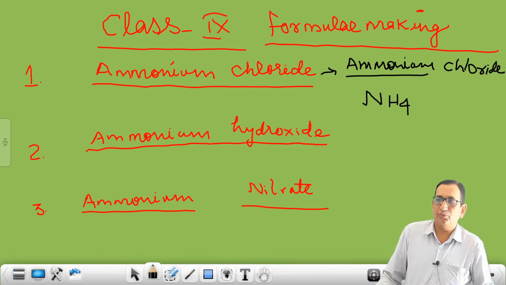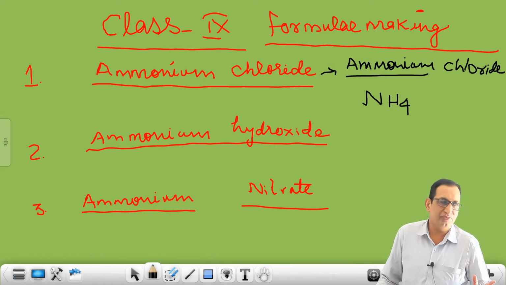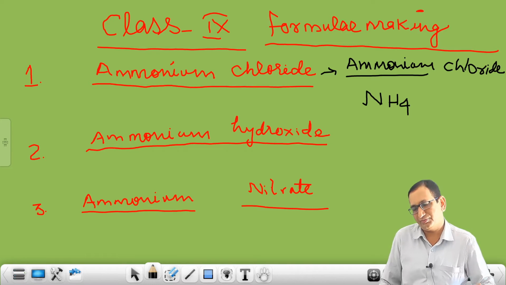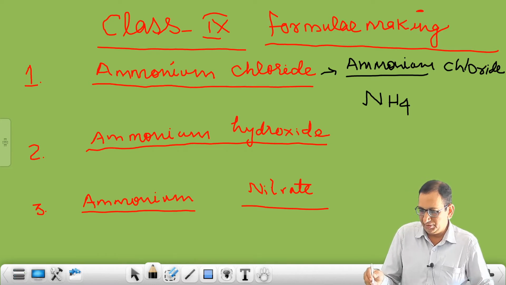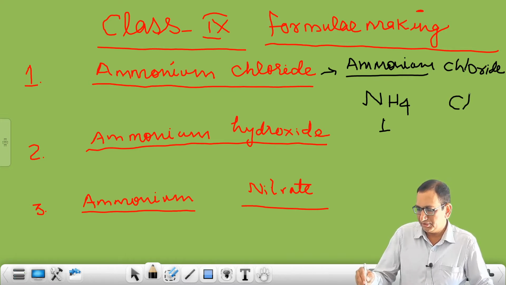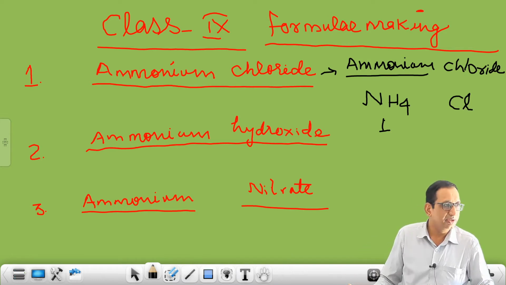On NH4 one positive charge is there, means the valency of ammonium is 1. So I am writing the valency here, 1. For chloride it is Cl, chlorine ion, and on the chloride ion we have only one negative sign, given as -1, but here we are taking only valency 1.